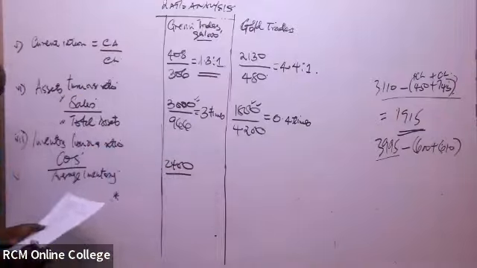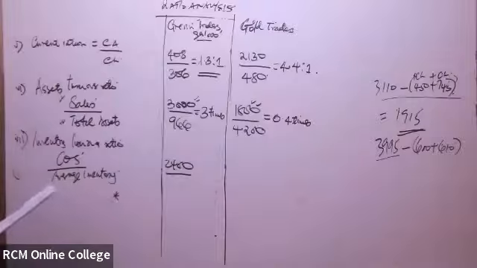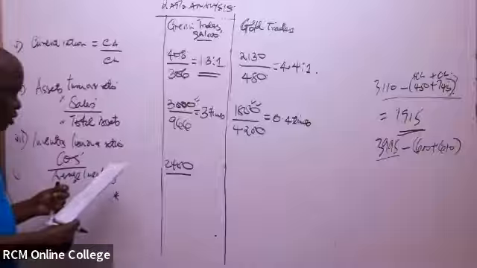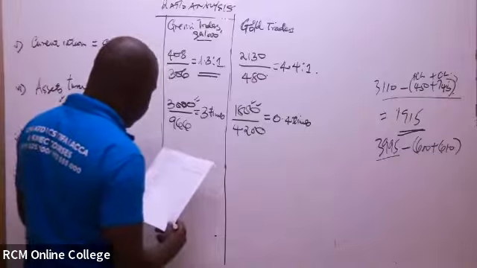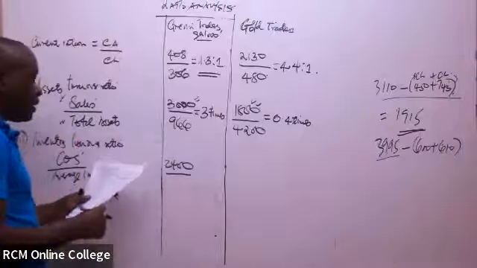Then the average inventory: the closing inventory is 252. Of course, you've been given opening and closing, so you add and divide by 2.